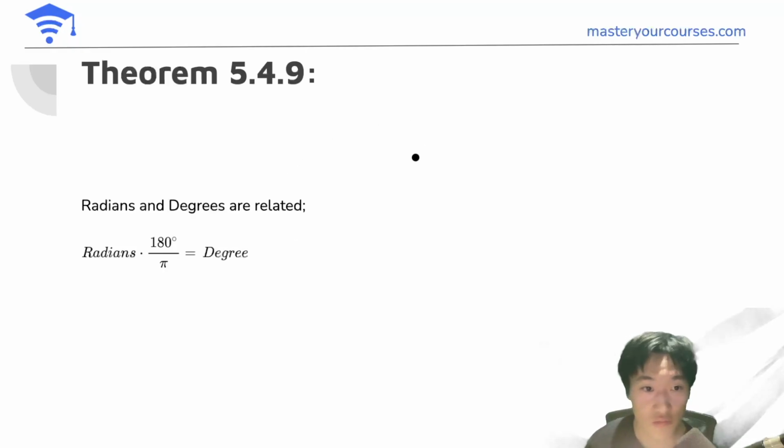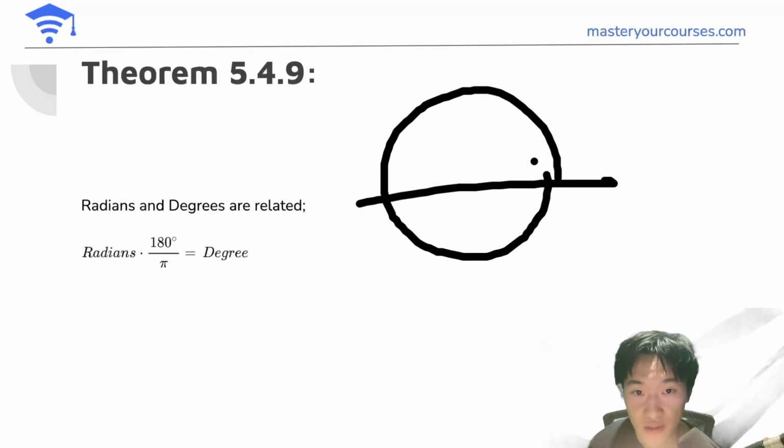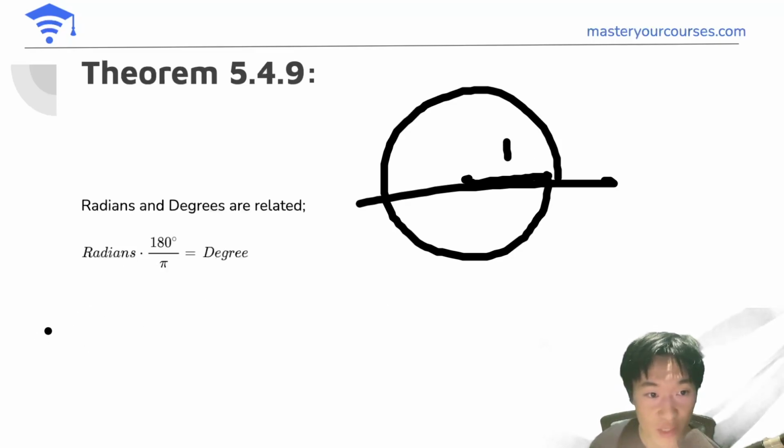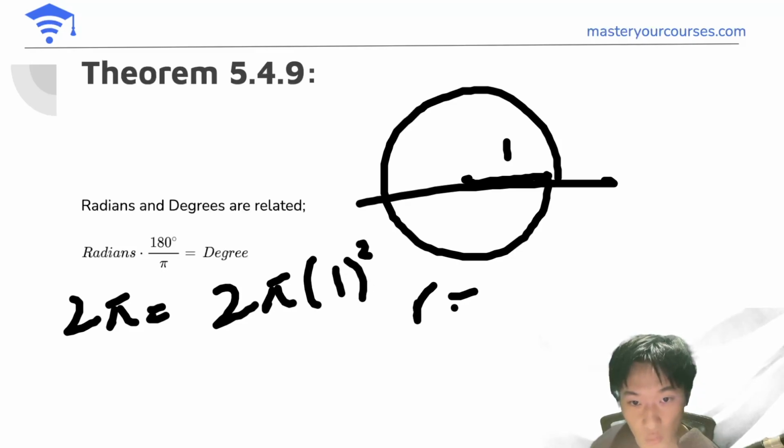Say we have an arc length of 2 pi, so it's just the whole circumference. The radius would be equal to 1 if your circumference is 2 pi, because 2 pi times 1 gives 2 pi. Now, what's the radian for 2 pi?